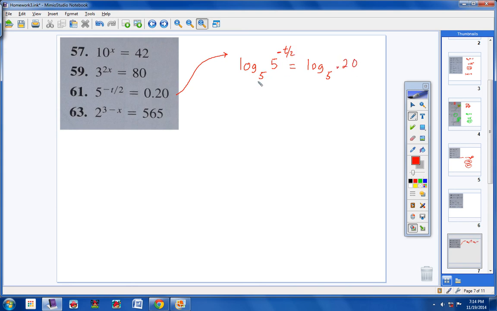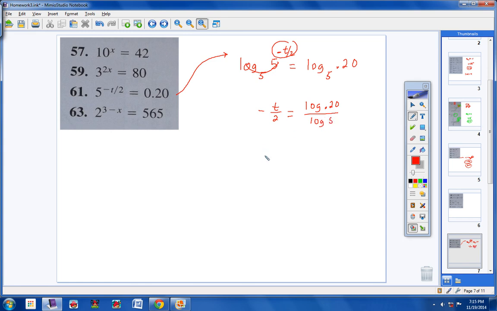Whenever your base matches your base, the answer is your exponent. So negative t over 2 equals, of course here we have log of 0.20 divided by the log of 5.